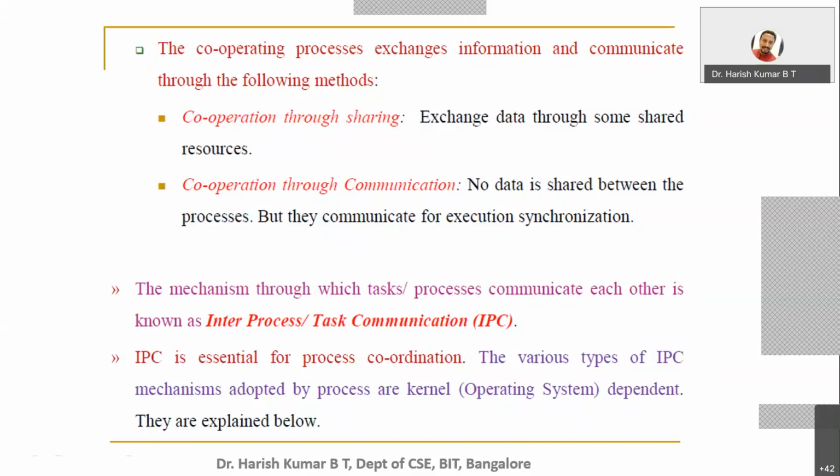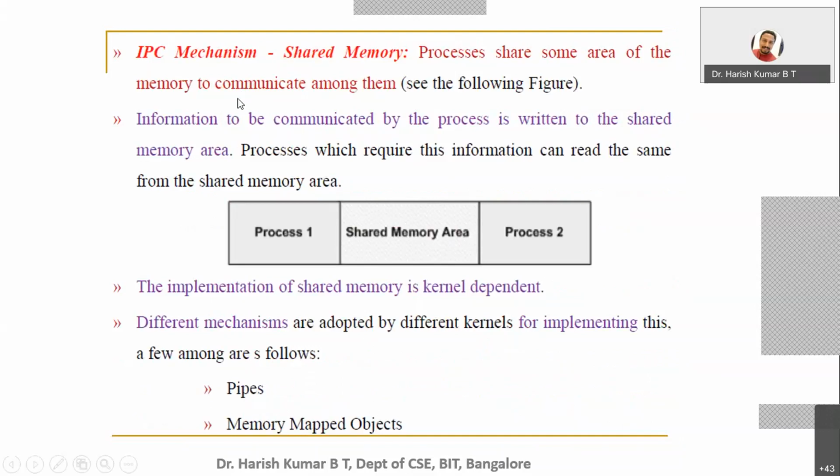Now we are going to discuss a few of those mechanisms which can be used for inter-process communication. The first and simplest mechanism for making the processes within the system communicate is the concept of shared memory. This is the common memory through which you can make multiple processes exchange information.